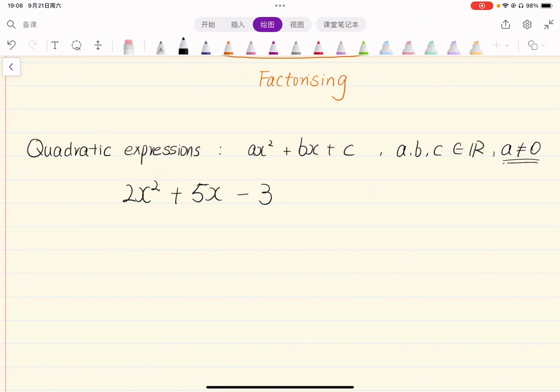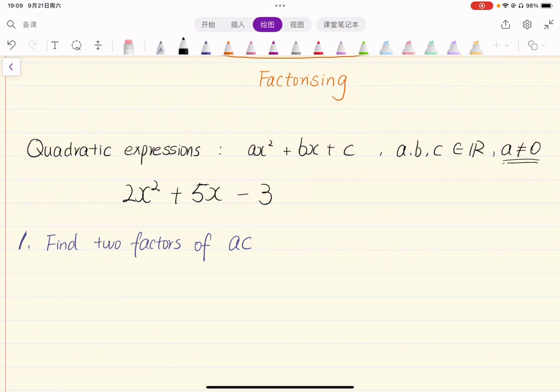So in the first step, we need to find two factors of AC. So what is A over here?